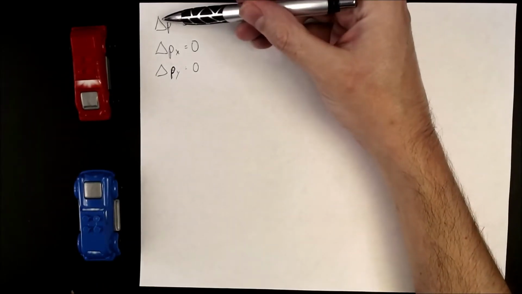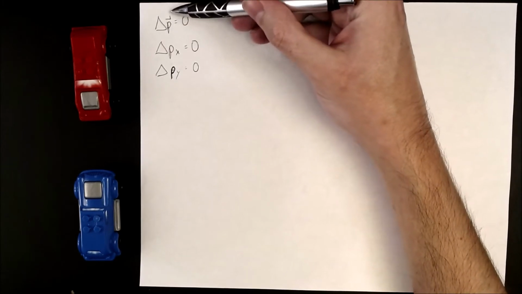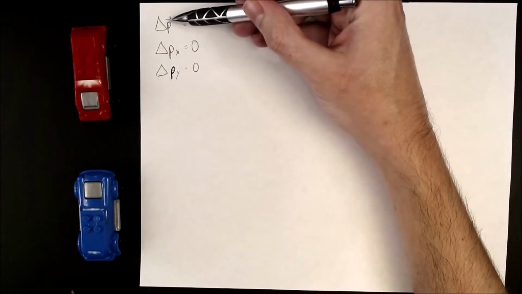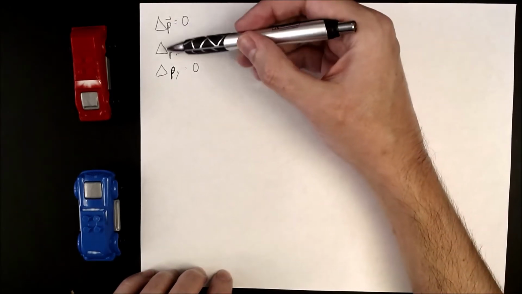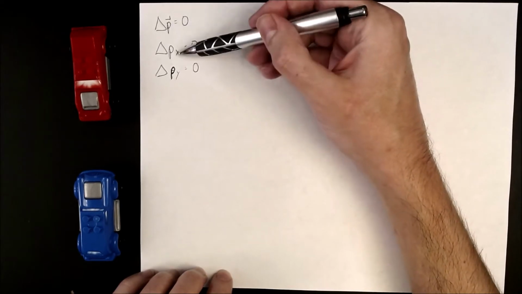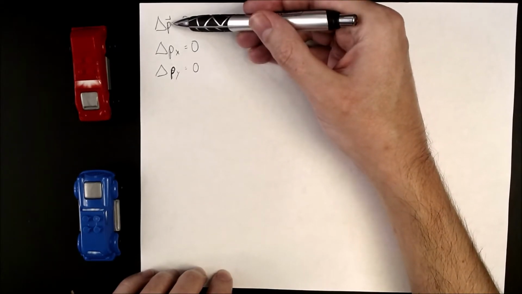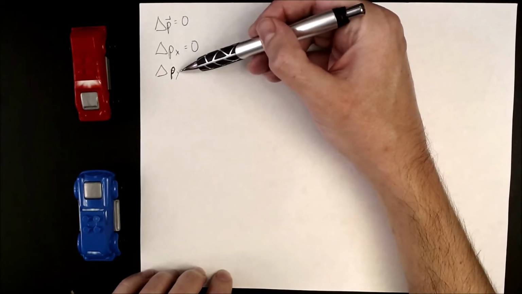Remember how we said that the change in momentum is equal to 0, and we always have to remember to include that it's a vector by denoting its direction? Well, that's still true. Now we can take this and break it up into x and y. Whenever you have a vector, any vector in the universe, you can always break it up into its components.